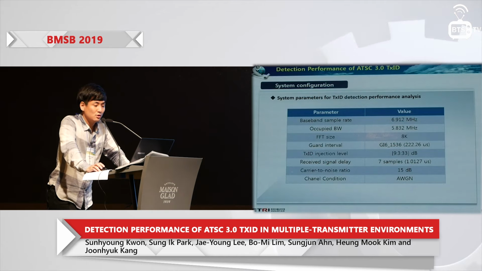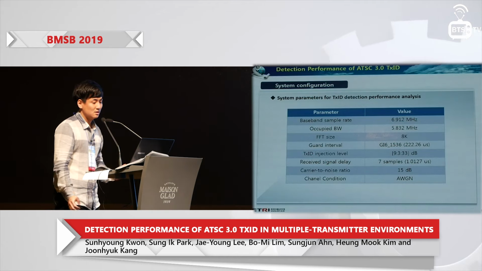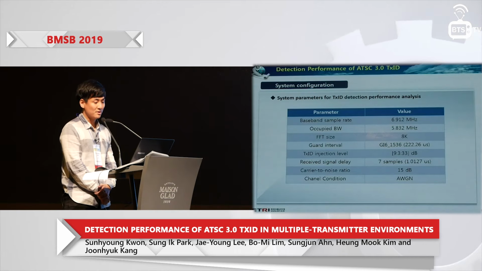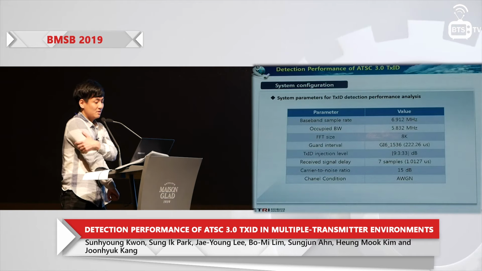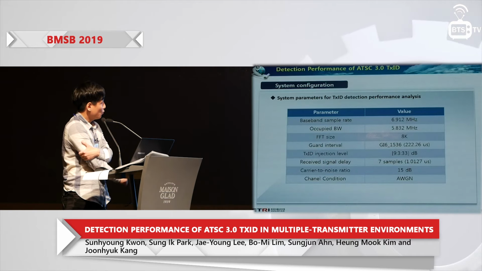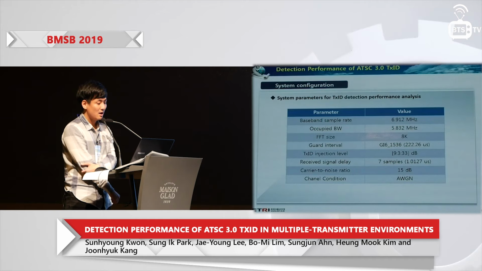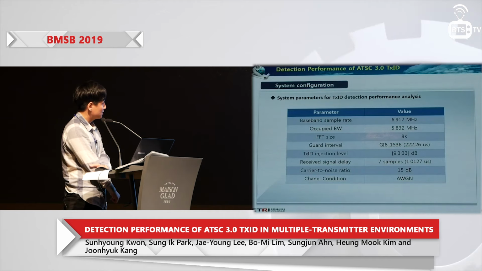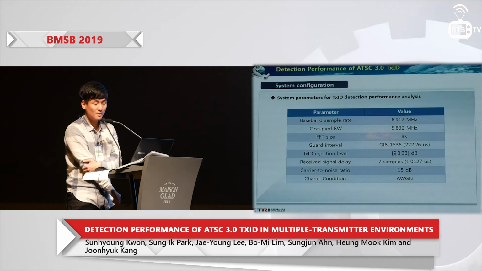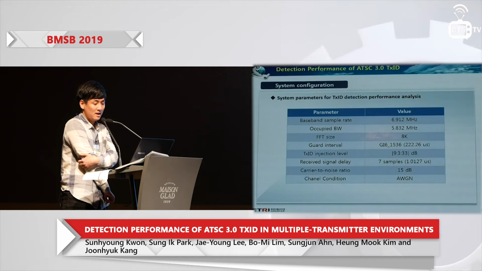So in order to investigate the TxID detection performance in these multiple transmitter scenarios, we first did some computer simulation with the system parameters listed in this slide. We set an 8K FFT size and guard interval number 6.